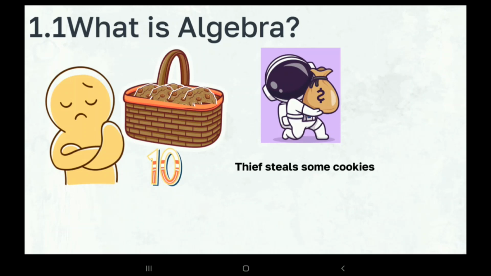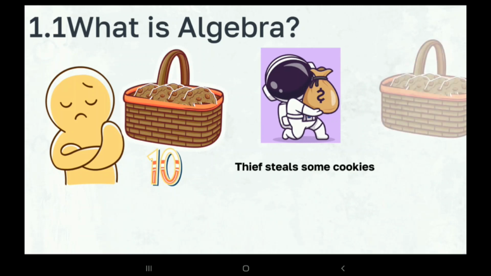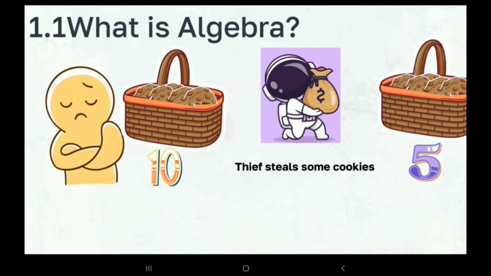So the thief steals some cookies. We do not know how many he stole, but he stole some cookies. Later on, Tom discovered that there are only 5 cookies left in the basket. So algebra is basically learning about an undefined quantity that we want to know.